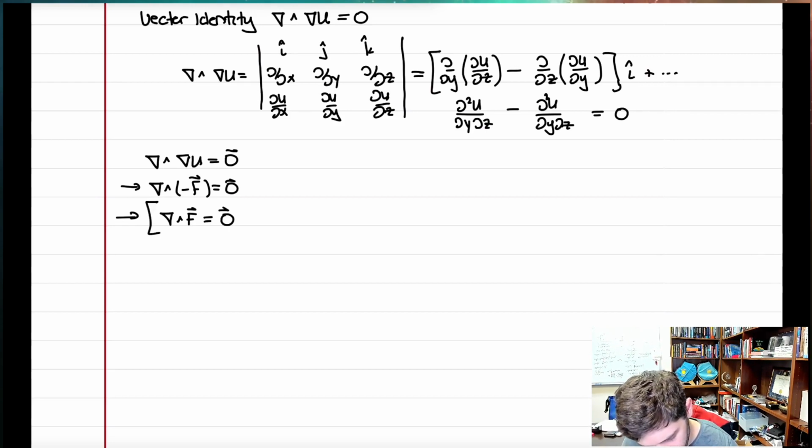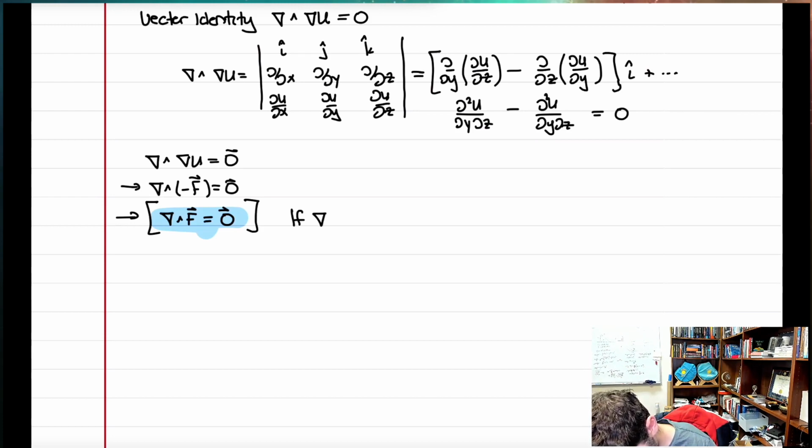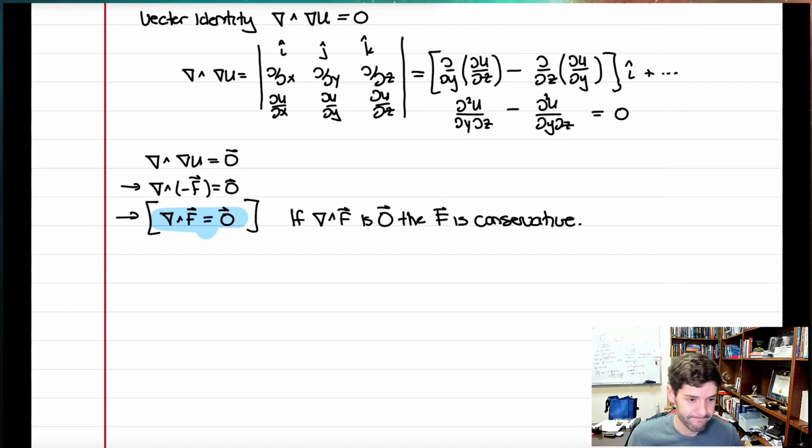This then says that the curl of the force is 0. That is the test. If the curl of a force vector is 0, then F is conservative. Essentially then, everything else applies.